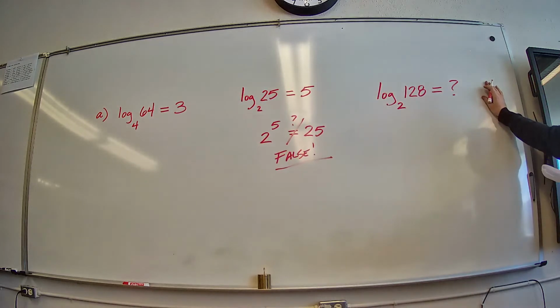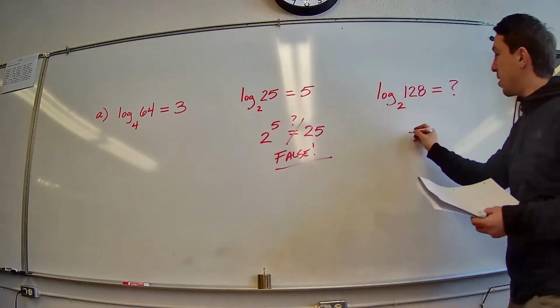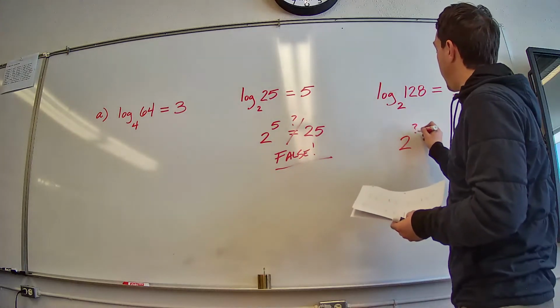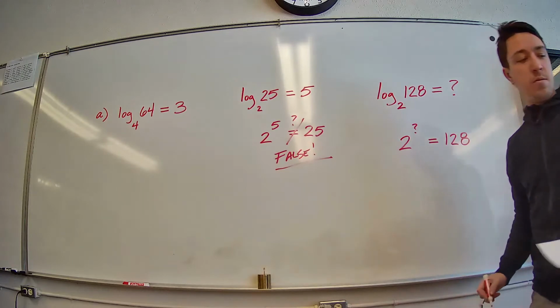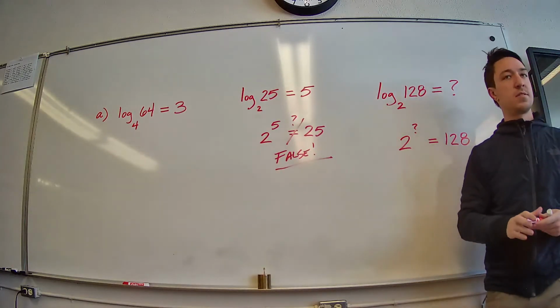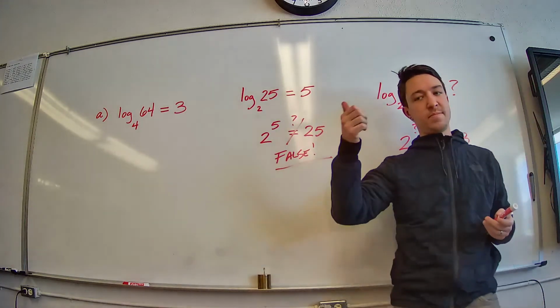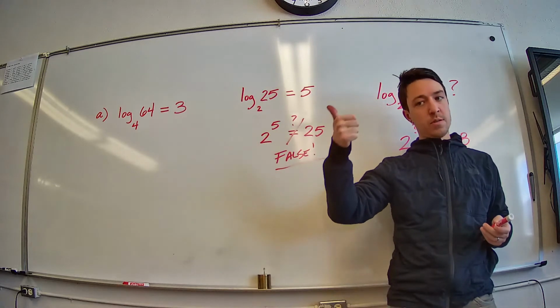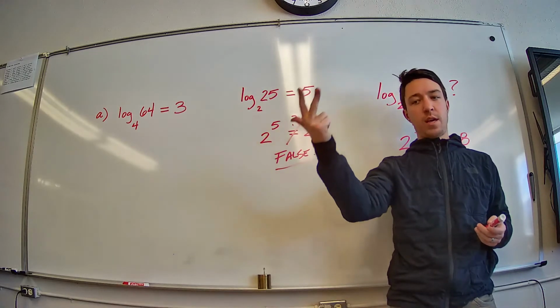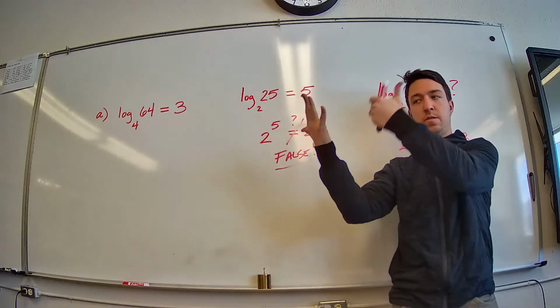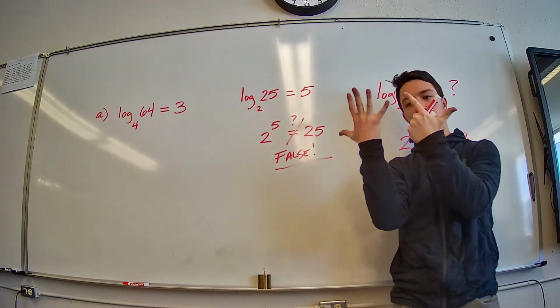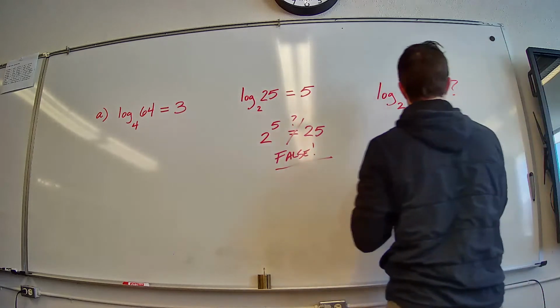So rephrase the question: 2 to what power would give us 128? We can count this one on our fingers. Let's do powers of 2. 2 to the 1 is 2. 2 to the 2 is 4. 8, 16, 32, 64, 128. So the answer was 7.